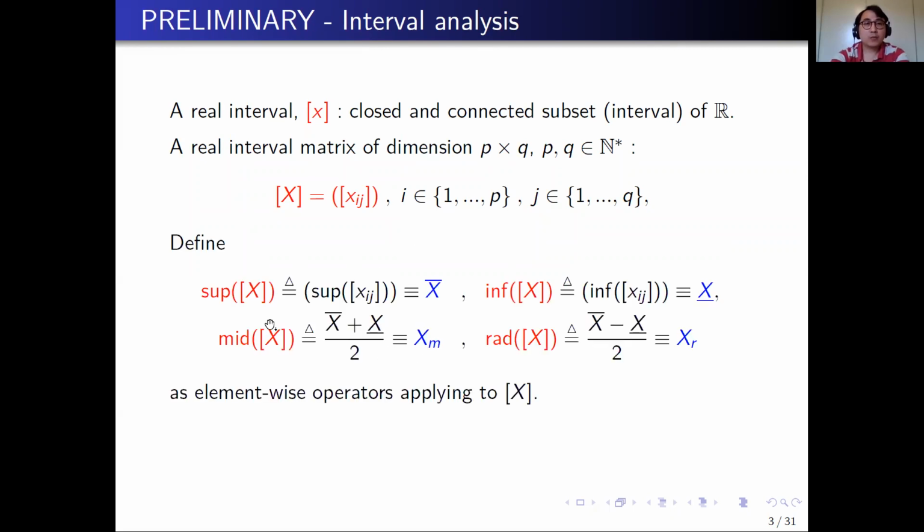Define also the supremum matrix of bracket of X, the infimum matrix, the midpoint matrix, and the radius matrix of bracket of X, as element-wise operators applied to the interval matrix X. We denote these matrices respectively by overline X, underline X, X_M, and X_R.